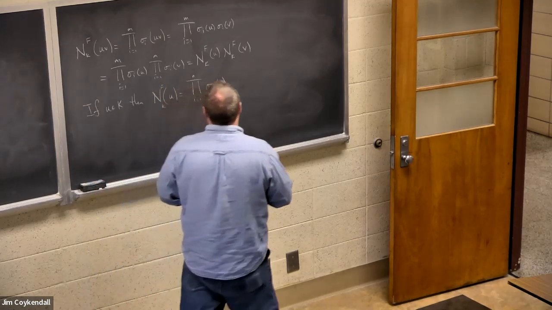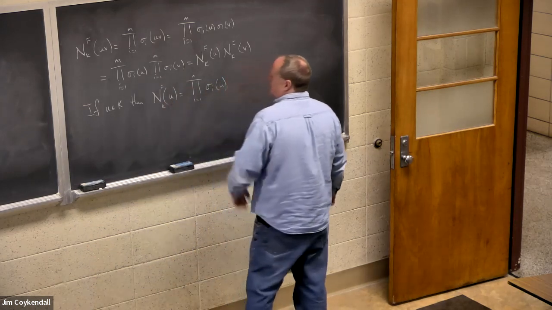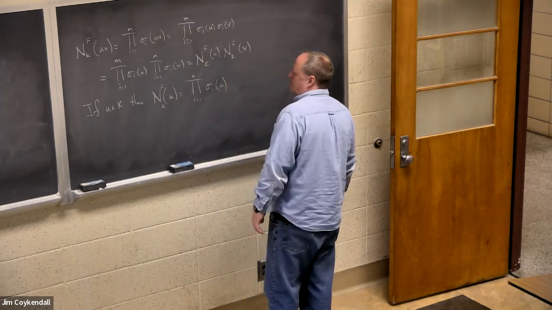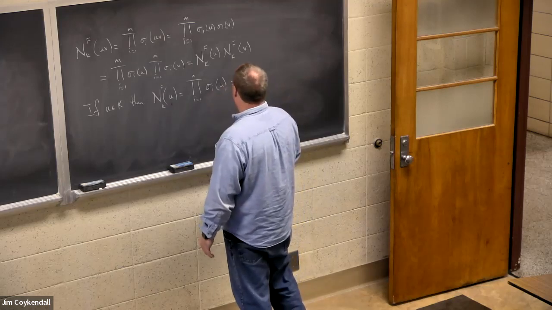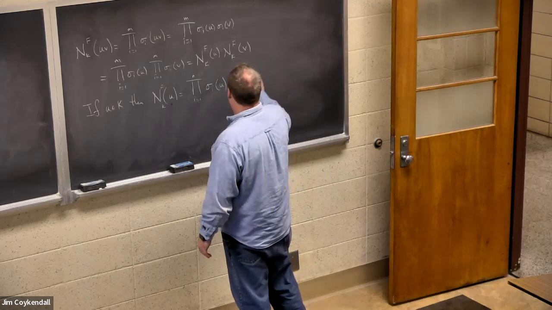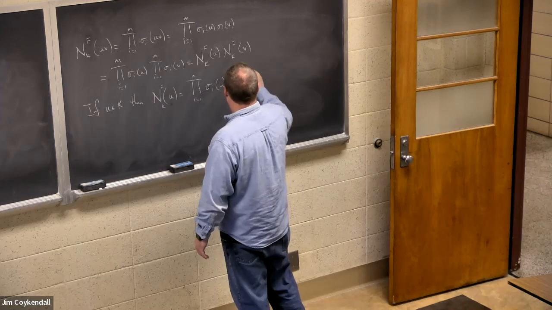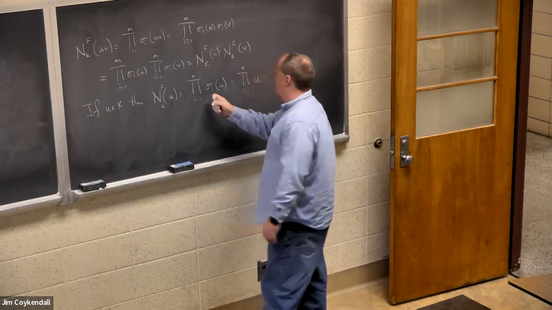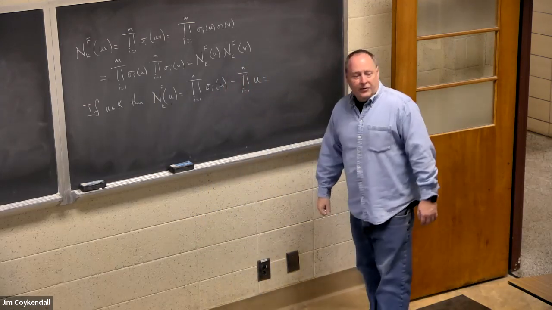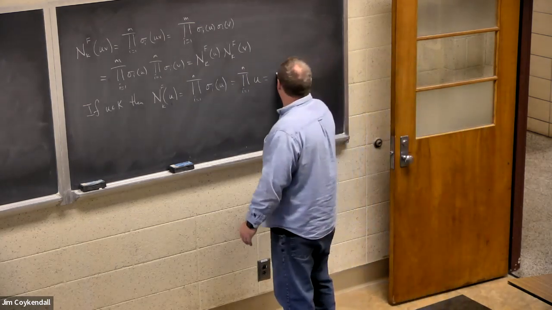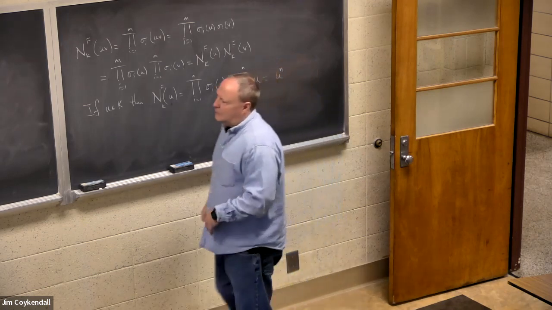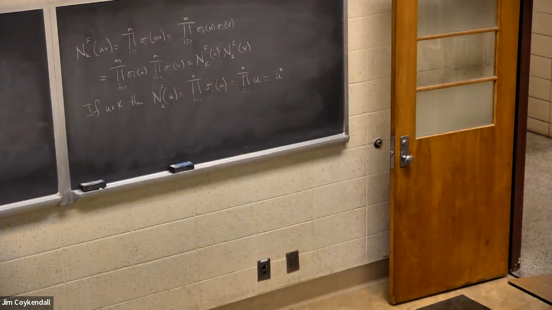Where these are the embeddings from F into the complex numbers, and there are exactly N of them. And so this is the product, because since U is in K, it's fixed by all those things. And so again, the proof for the trace is very similar.